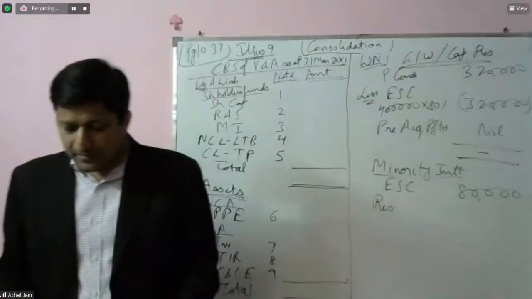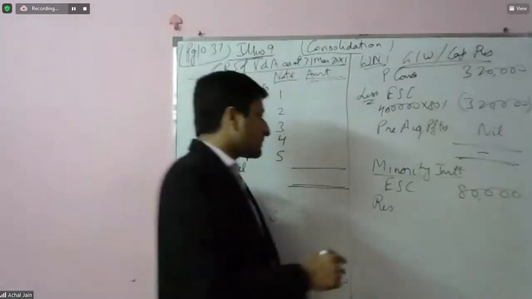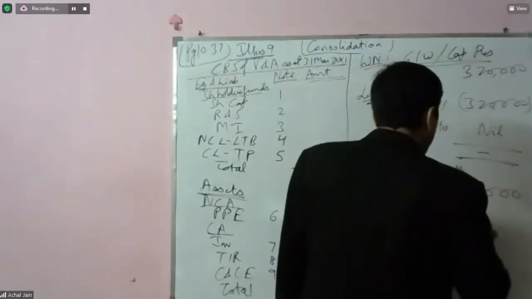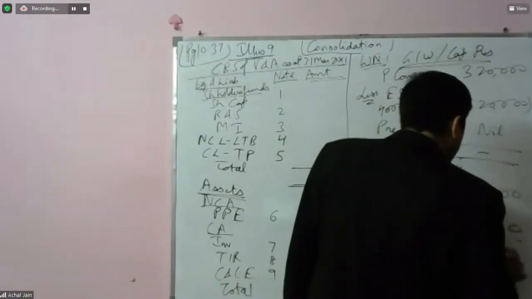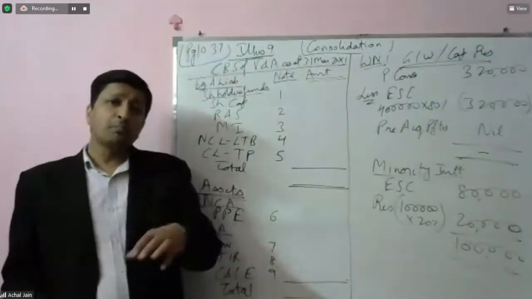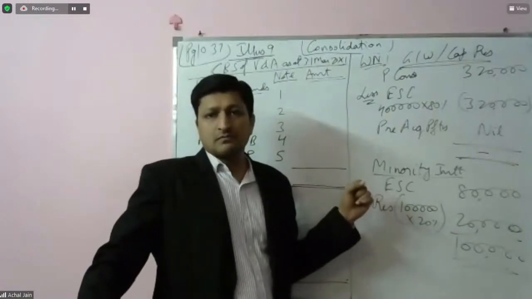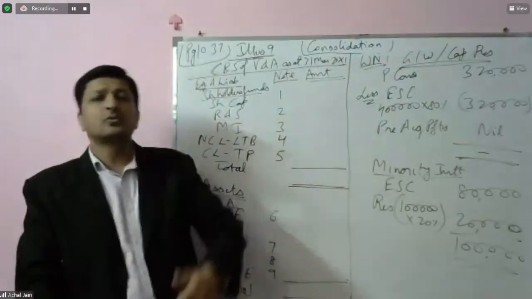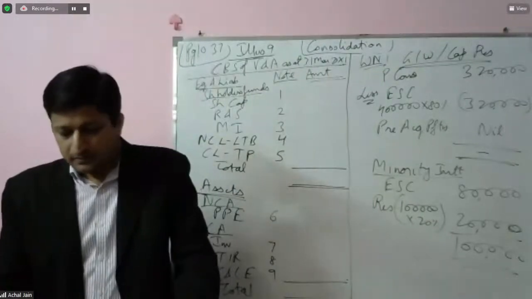So the reserves of subsidiary are 1 lakh. So 20% of those reserves belong to minority, so 20,000. So 1 lakh is the amount of minority. We could also put this working in the notes to accounts, but it's always advisable to do these computations in the working notes instead of notes to accounts. Clear?